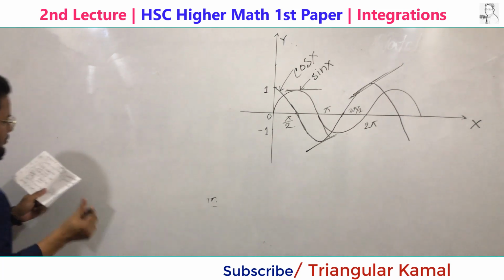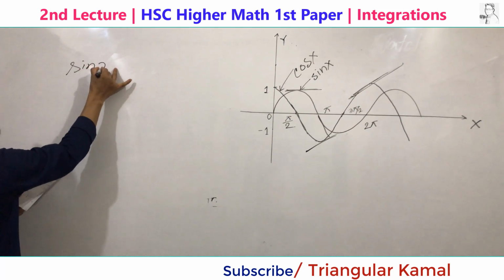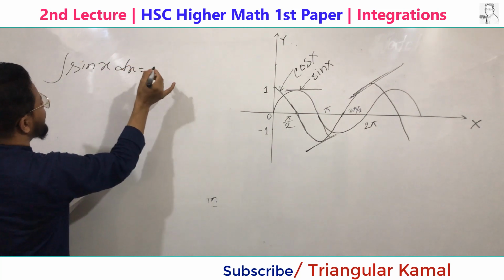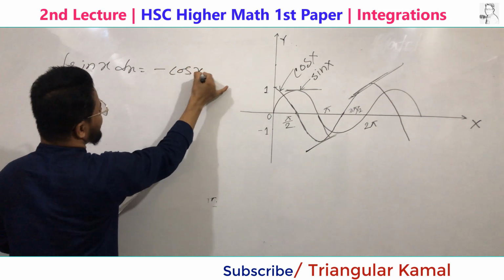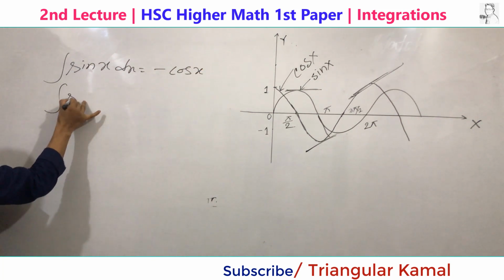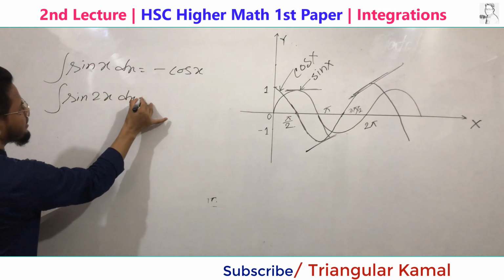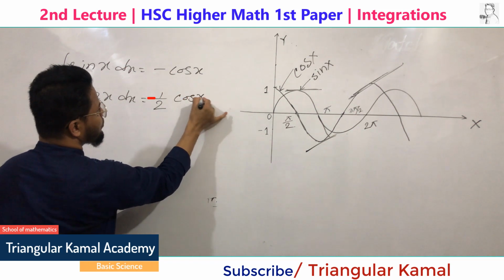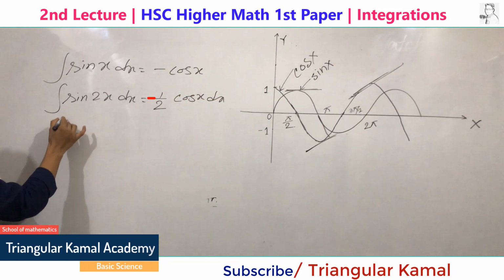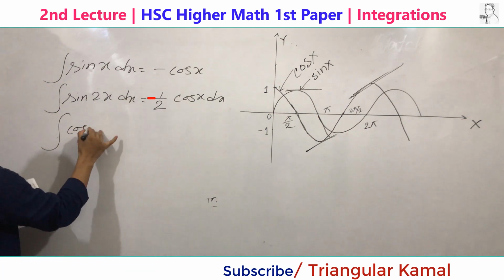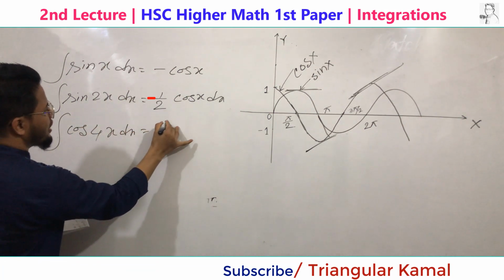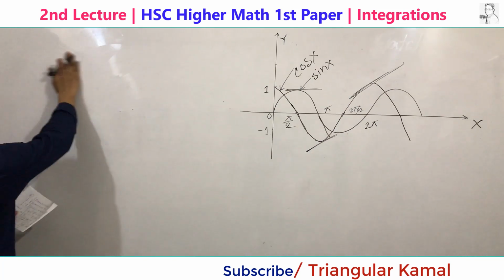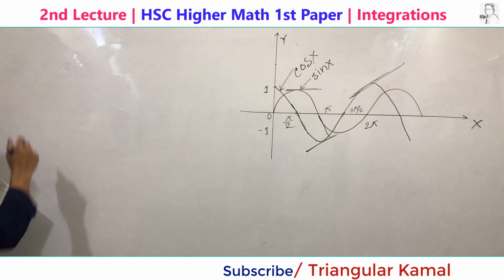Like this one, we know the integration of sine of x will be minus cos of x, but if we see sine of twice x dx, this one will be minus 1 by 2 cos of 2x. Similarly cos of 4x dx will be 1 by 4 sine 4x. Okay, now we will practice another one by using this formula.